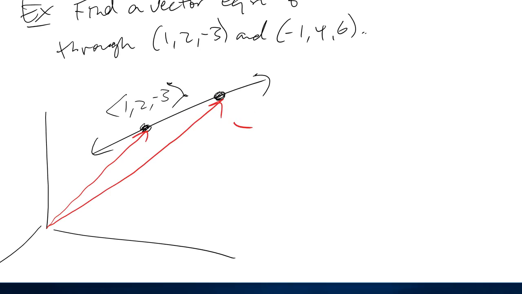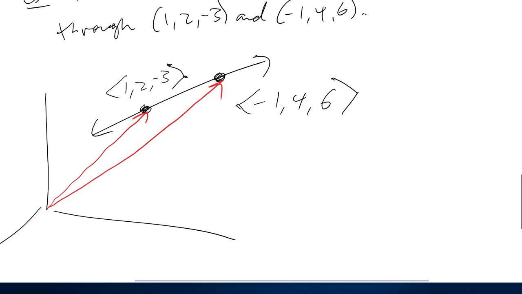Okay, so what we want to do is find the equation of this line. So what you do is you need to find this vector r minus r naught here. You need to find a vector parallel to it. So that vector is somewhere down here.